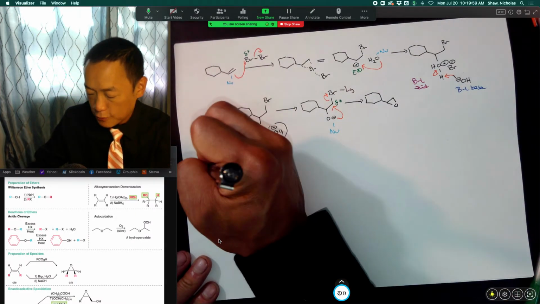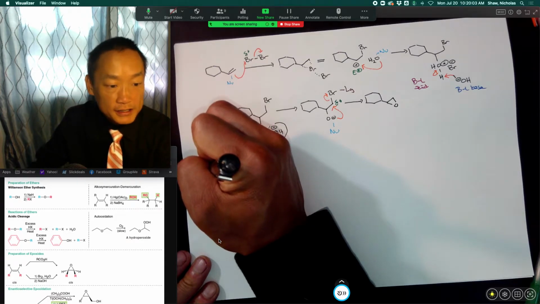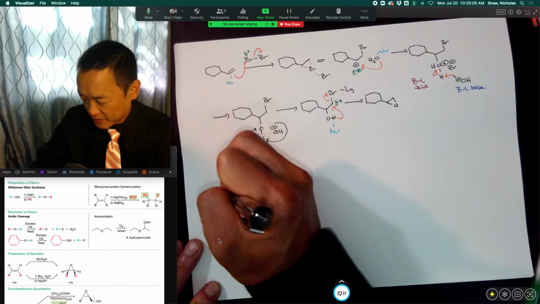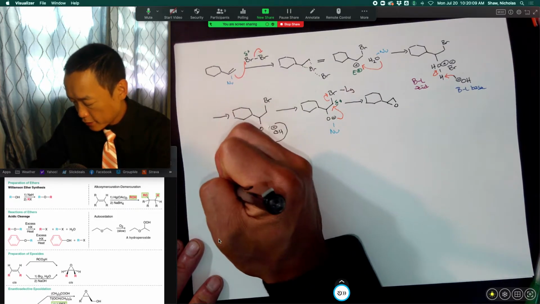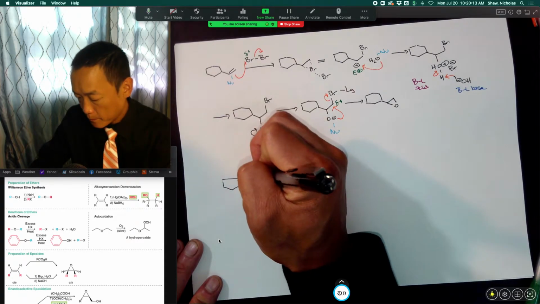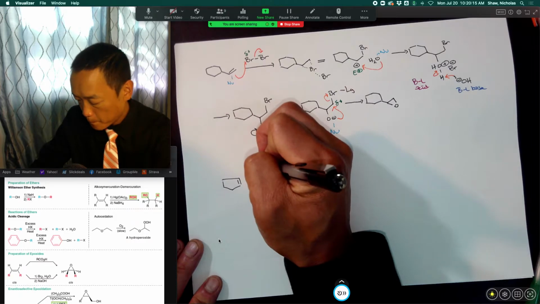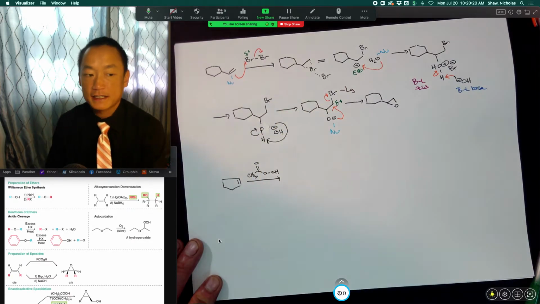What about use of peroxy acids instead? Let's see, this 5-membered ring here with an alkene, and adding this is what a peroxy acid is.